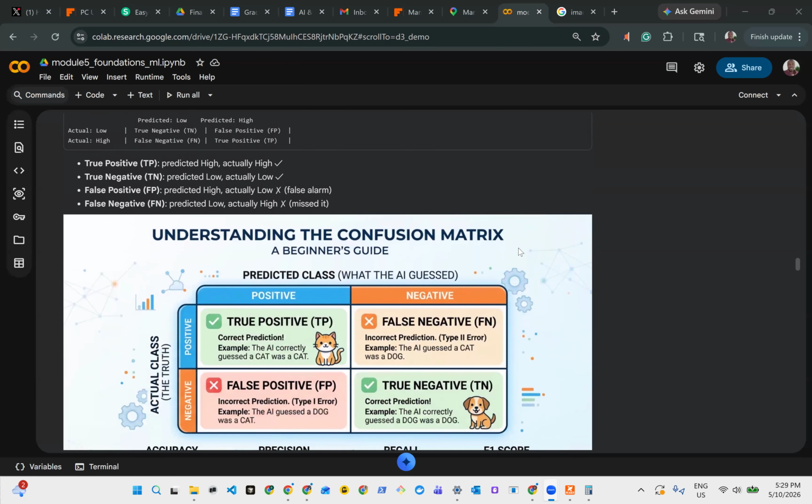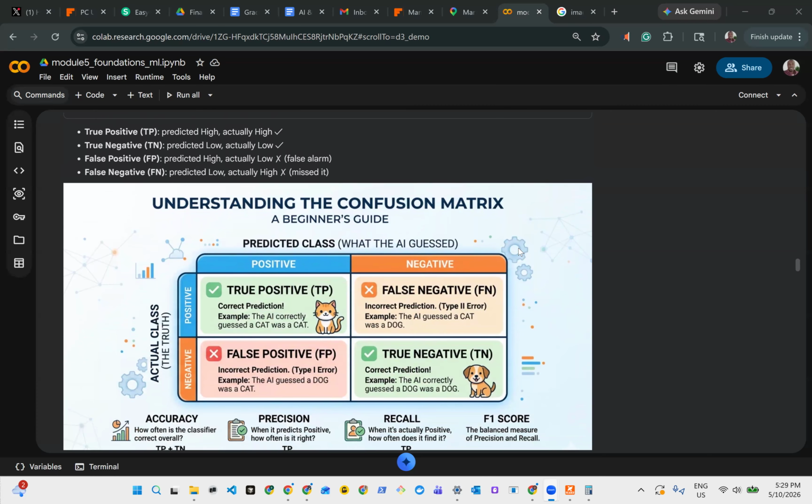The true positive is when a model predicts high, and the reality is high. True negative is when a model predicts low, and the reality is low. So both true positive and true negative are when the predicted and the actual values are the same.